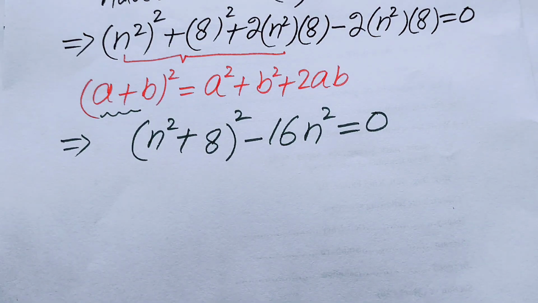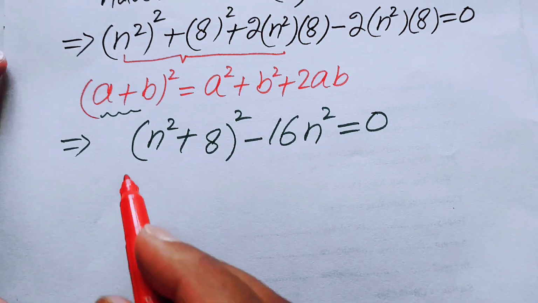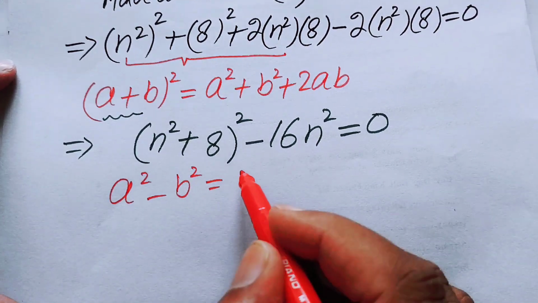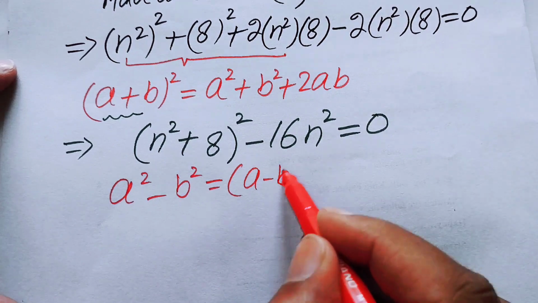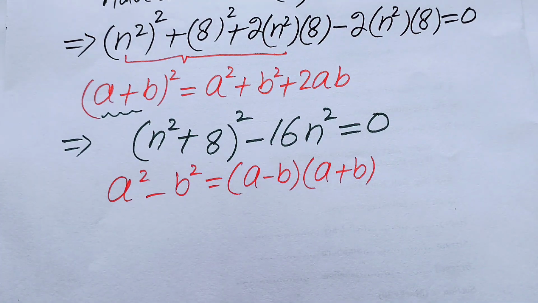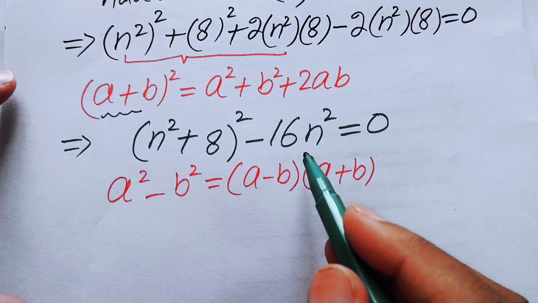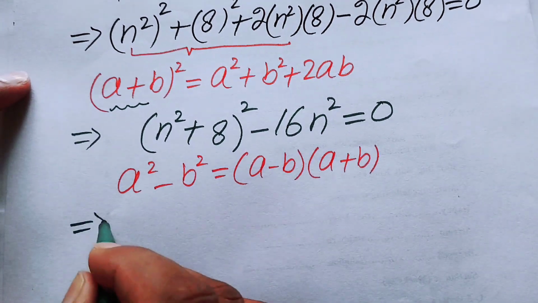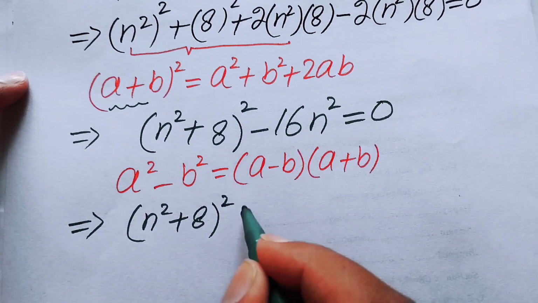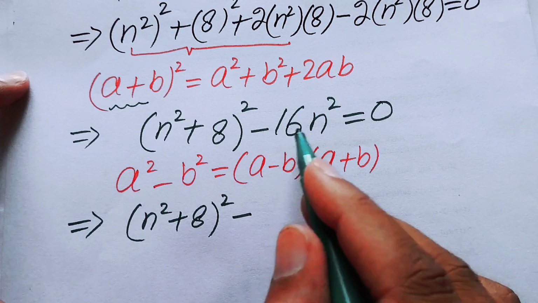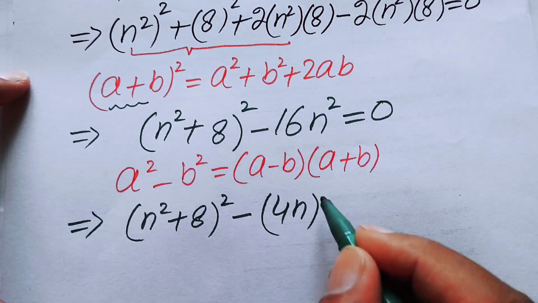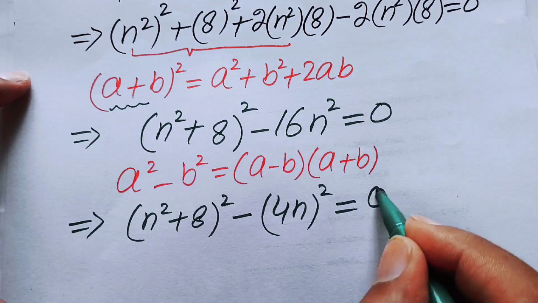After this step we will apply another important formula, which is a squared minus b squared is equal to a minus b times a plus b. First I convert this expression to this form, so you get n squared plus 8 and its whole square, minus, and you can write 16 times n squared as 4n and its whole square, is equal to 0.